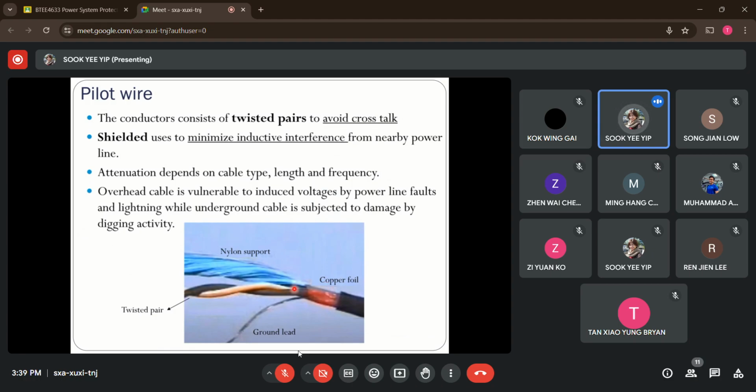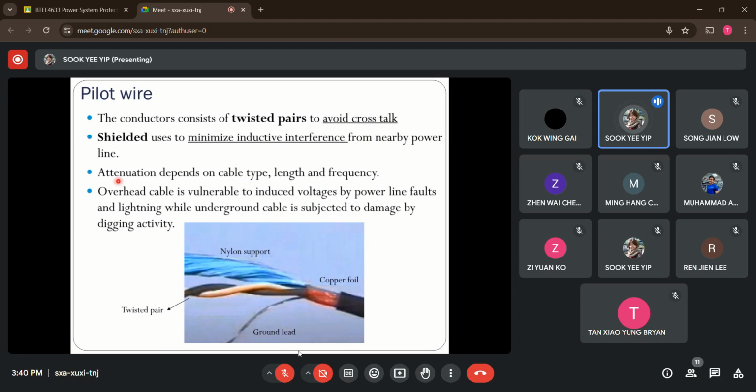Here you can see it is wrapped with copper foil, the filter I mentioned, either copper foil or aluminum foil, so that we can minimize inductive interference from the neighboring line or from external voltage. Then there is an additional component here known as the ground lead. The ground lead is actually used to protect against the potential from the surrounding ground.